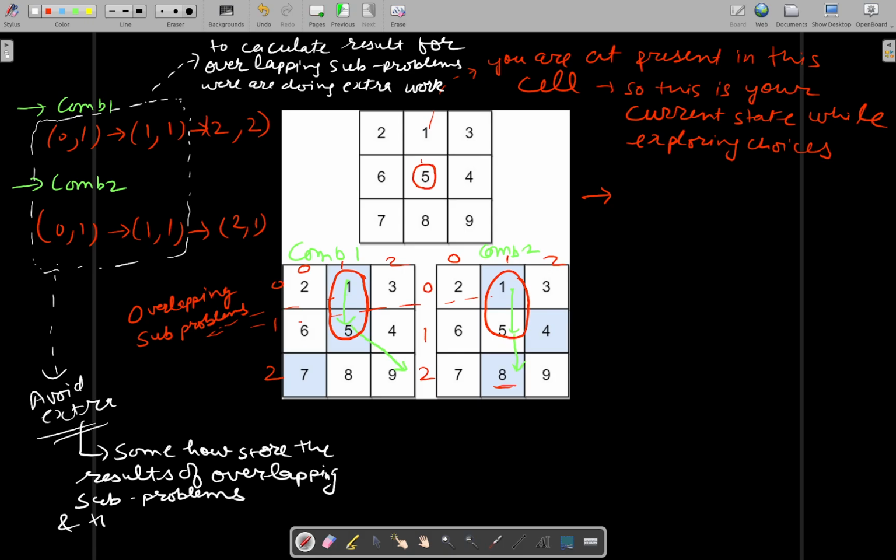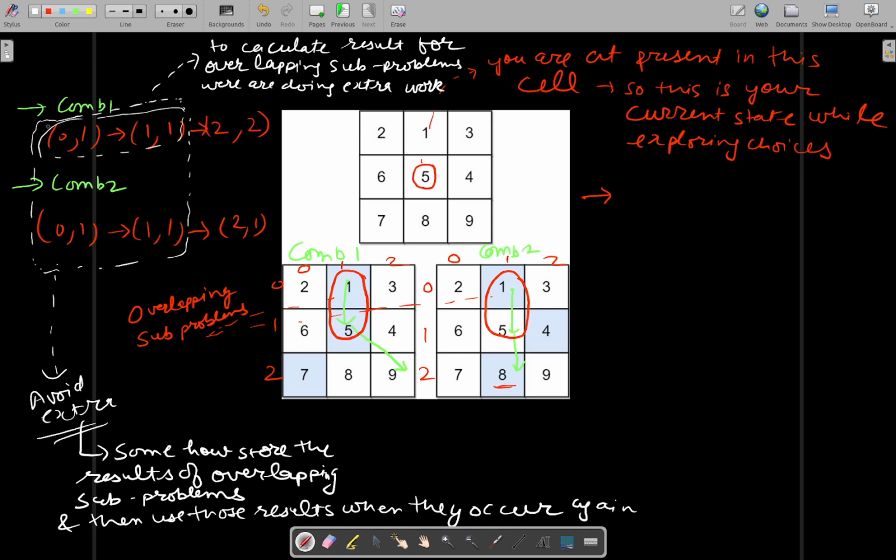If you are seeing a subproblem for the first time, you will store the result.